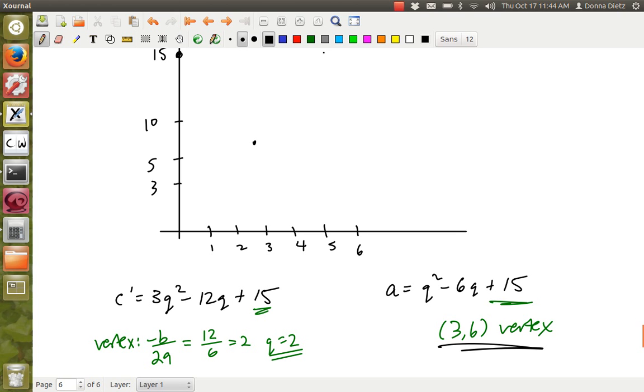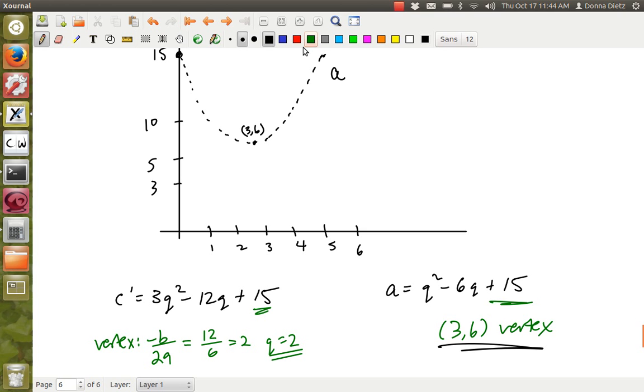So 6, 15 would be the other point. So I'm going to try this again. Okay. So this is going to be A, and this vertex is 3, 6. Alright.